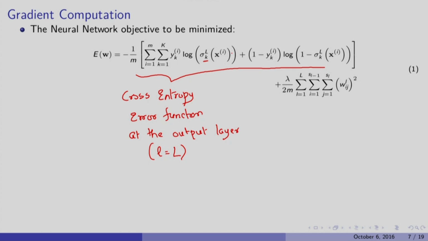We are talking about the activation outputs at sigma k(L), capital L. The second component of the error is regularization. This regularization penalty is applied on Wij(L) for all values of L.